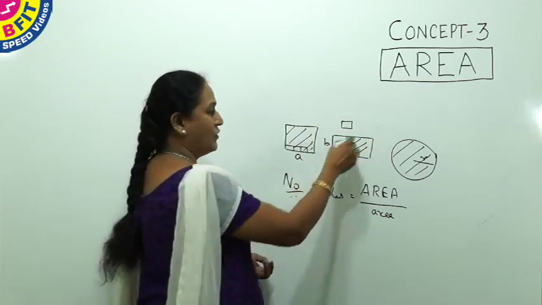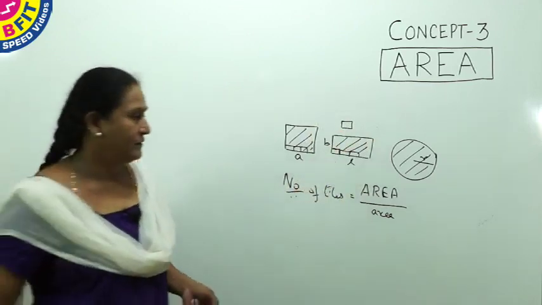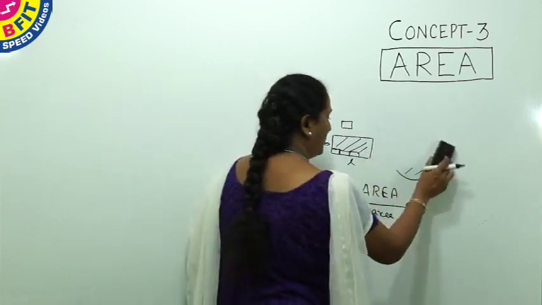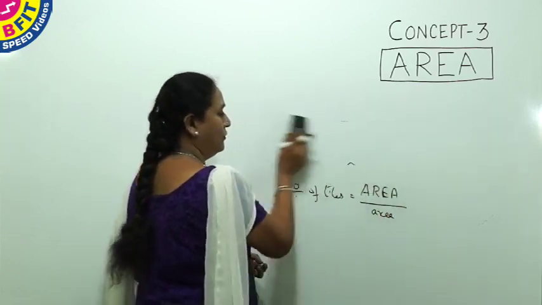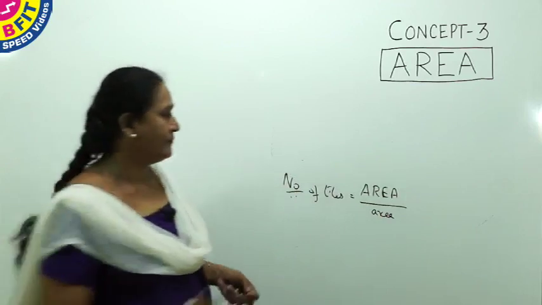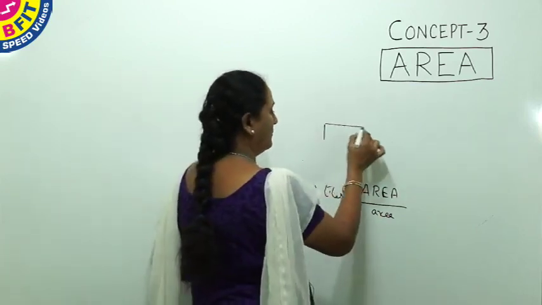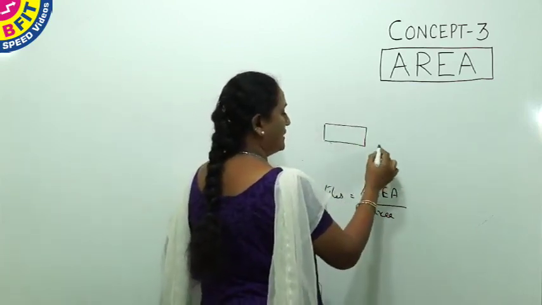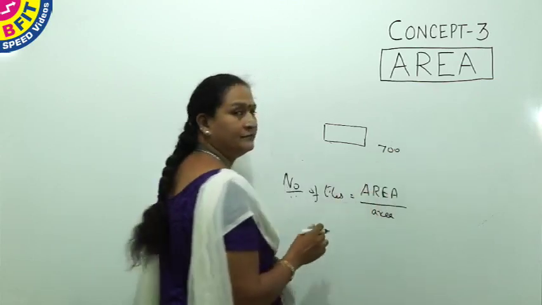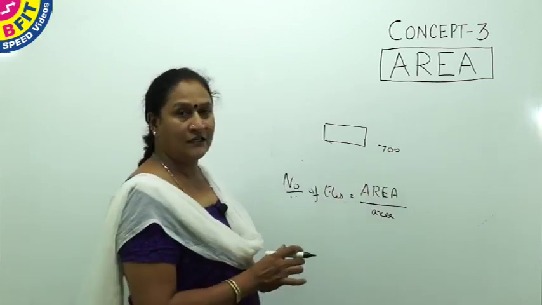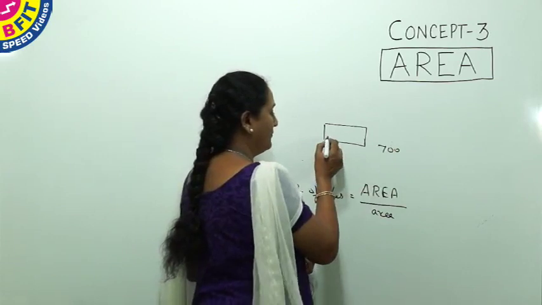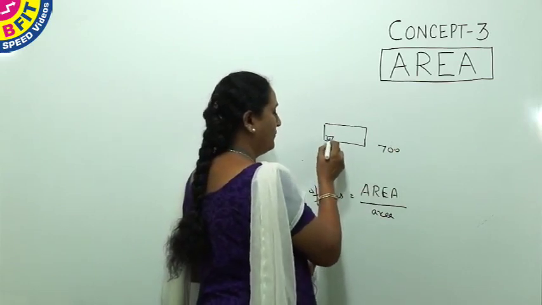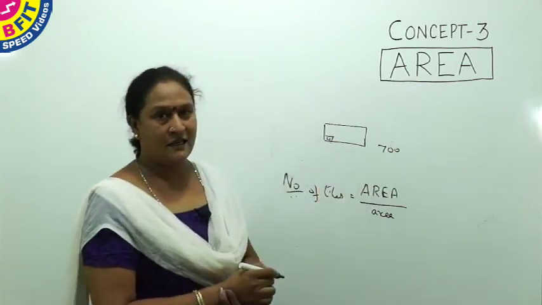Suppose we talk about this rectangular room. Say the area is 700 and the area of a single tile is 4. Now how many tiles are needed?